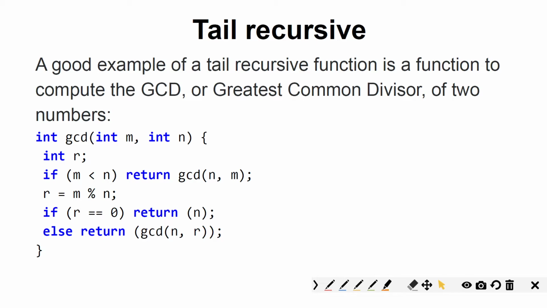And here, as you see, we have an example of tail recursion to calculate the greatest common divisor of two numbers.